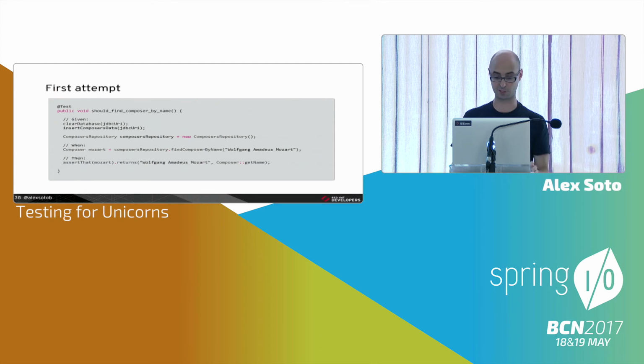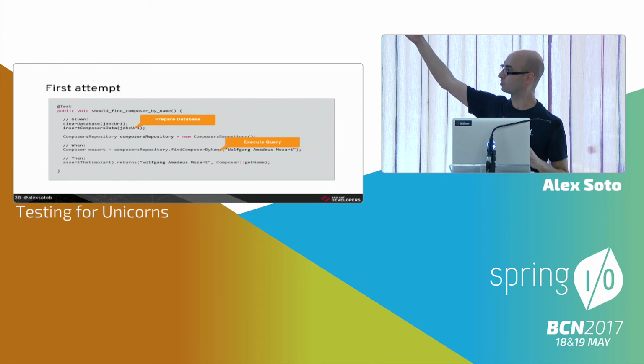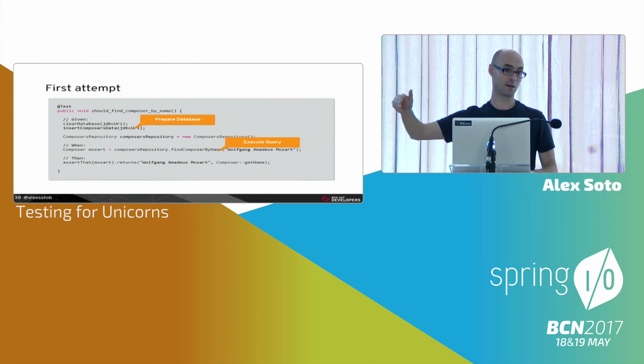And to maintain your database in a clean state, you can do something like this. Prepare the database. So the first thing that you do in my test is just clear the database. If I have nothing, then I'm sure that I know exactly the state of the database, which is empty. Then I insert the data that I expect to be there. Then I execute the query. And notice that in all these places, in clear database, in insert composers data, and also in find composers by name, I'm dealing with SQL queries all the time.